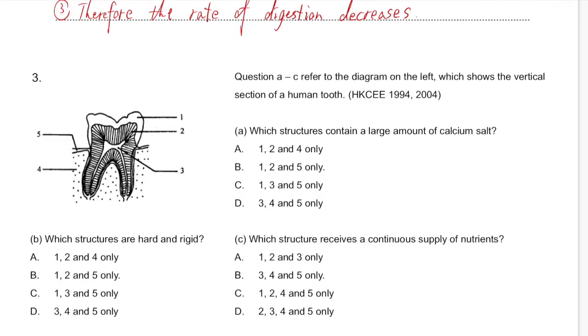The parts that are quite hard usually contain calcium salt. So among the 5 structures that have been labeled, we know the first one is enamel, the second one dentin, and the fourth one is the jawbone. They are rich in calcium salt, so the correct answer should be A.